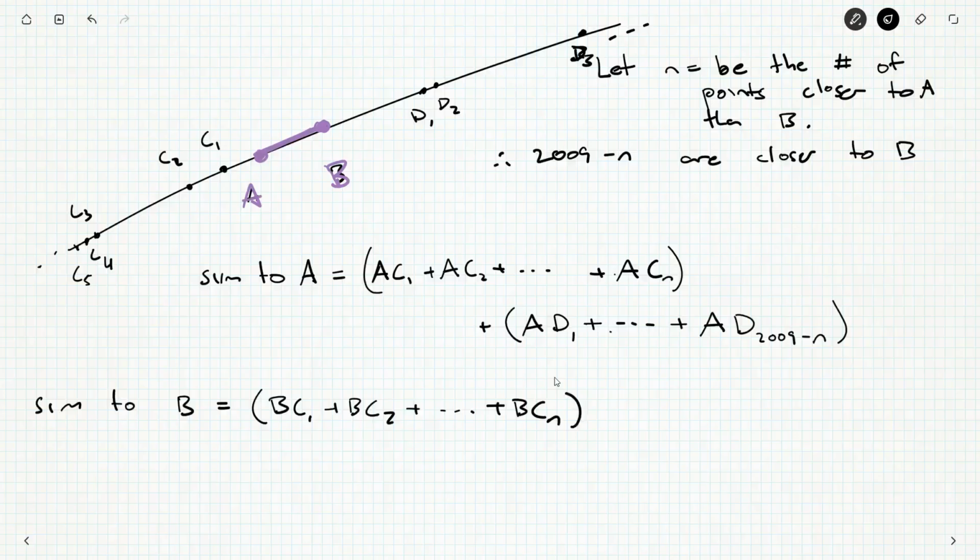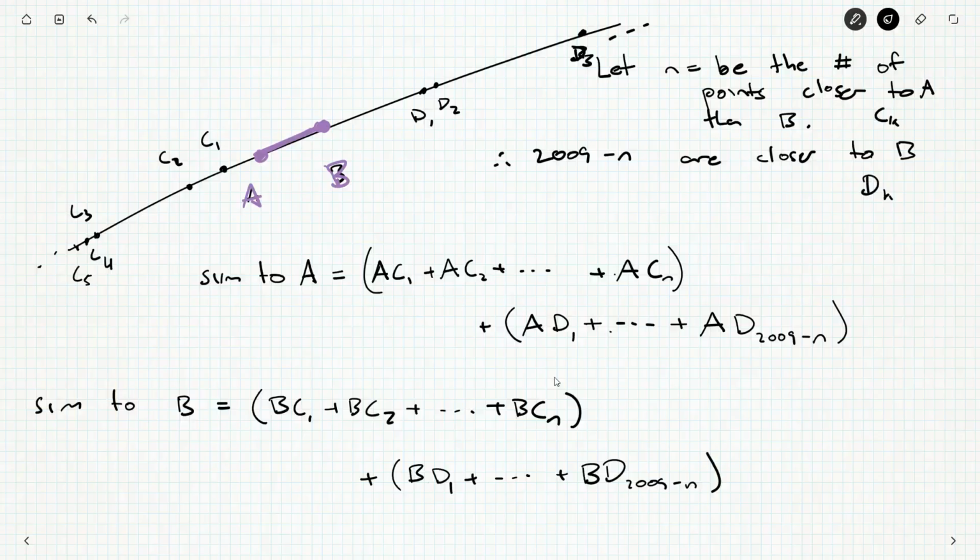Now, obviously, these are related to the AC's. It's not A, it's B, isn't it? So we'll call these the DKs and these the CKs, just because you've got to write things up. I want to make things clear. Up to 2009 minus N. So we have all these lengths, and we want to show that these numbers are different.